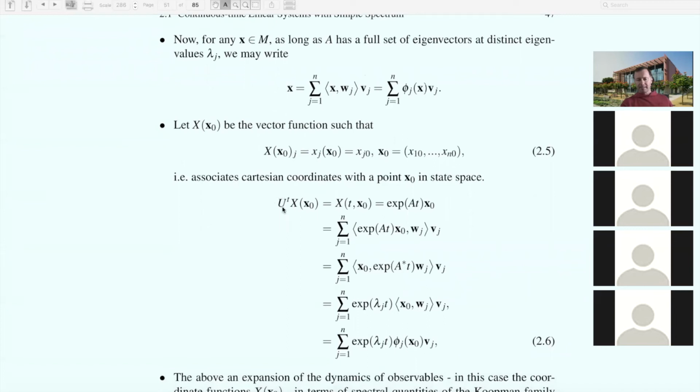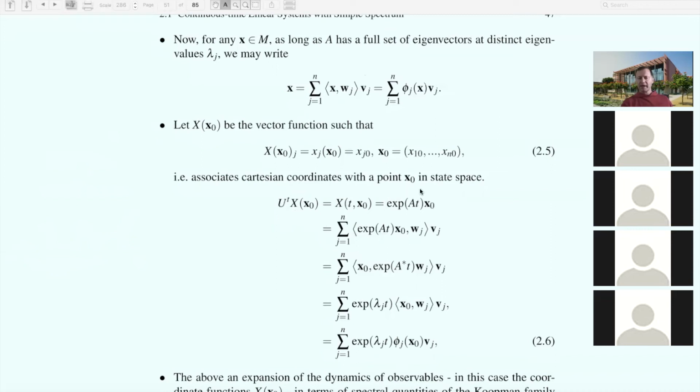The evolution of the Koopman operator applied to this vector of functions x0, or rather, that's by definition just capital X t x0. Now that's e to the At x0, right? Remember the Koopman operator composes x itself with the evolution, and the evolution is e to the At, and that's evaluated at x0.